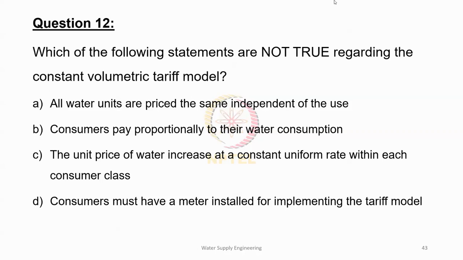Option C, the unit price of water increases at a constant uniform rate within each consumer class. Option D, consumers must have a meter installed for implementing the tariff model.